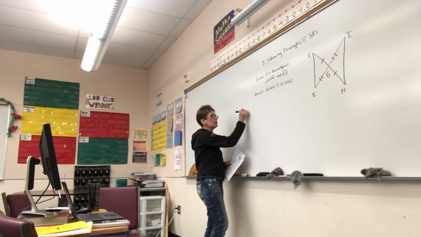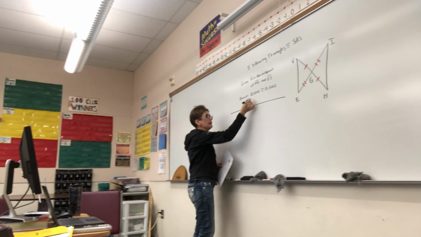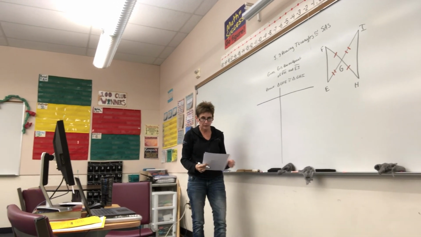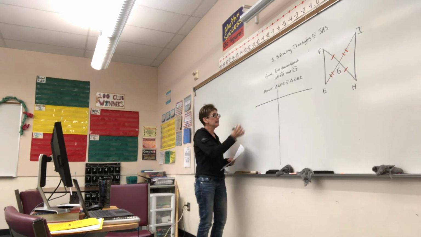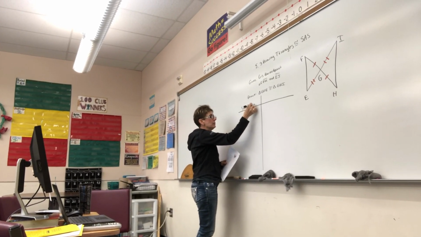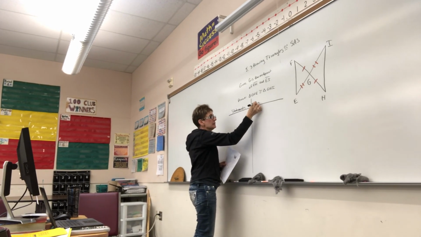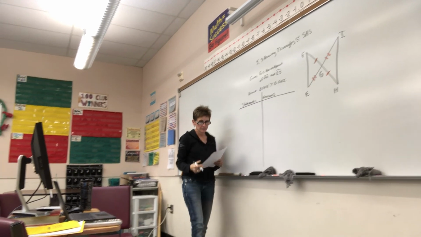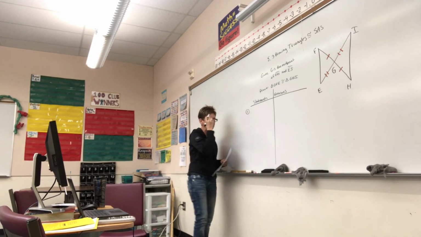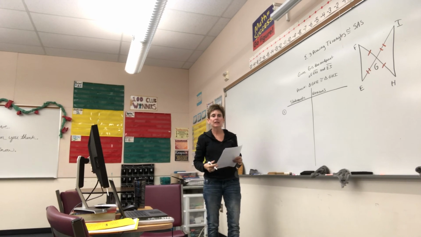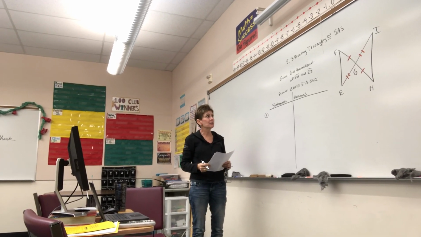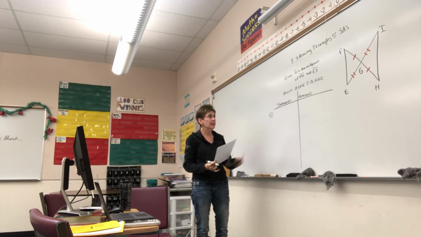Remember, the first step to writing our proof is drawing the letter T. So we're drawing a lowercase t, a big one, on our paper. Then the second step is to write the word statements in the first column, and then reasons in the second column. Can anyone remember what my first statement has to be? My first statement is whatever I was given. So I'm going to write that down.